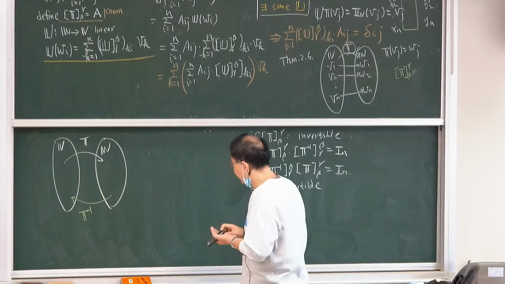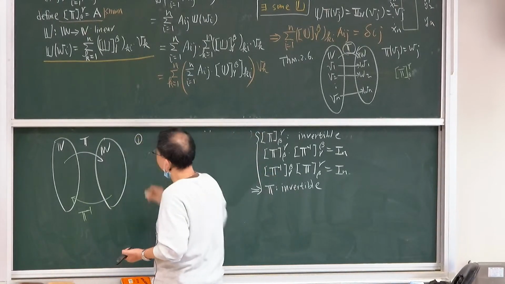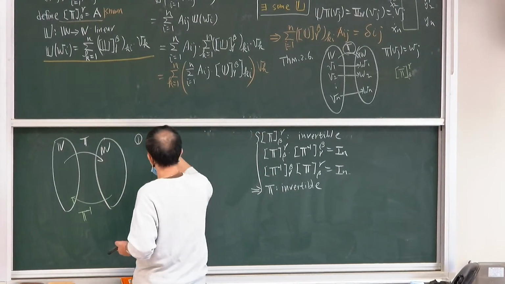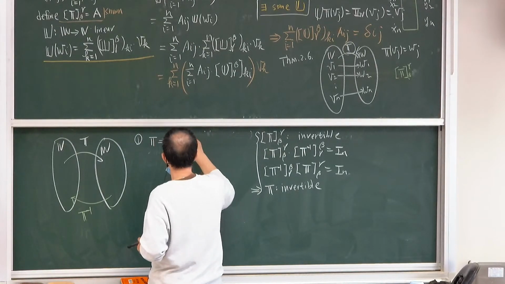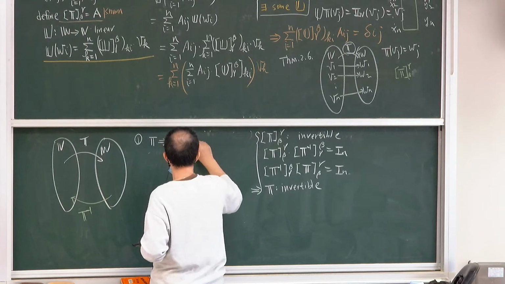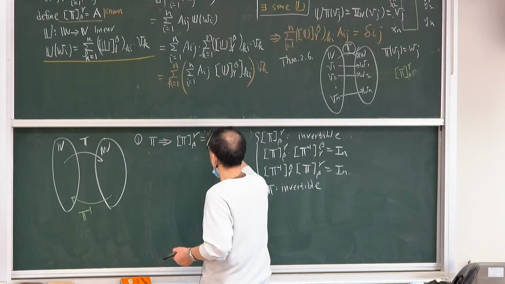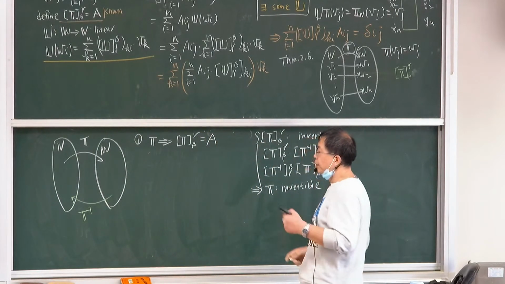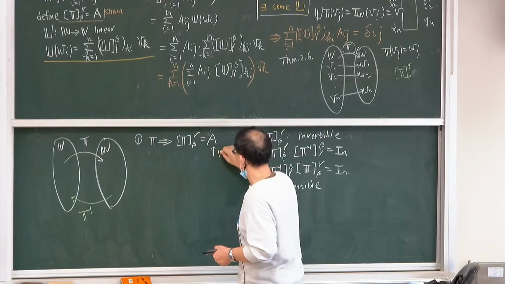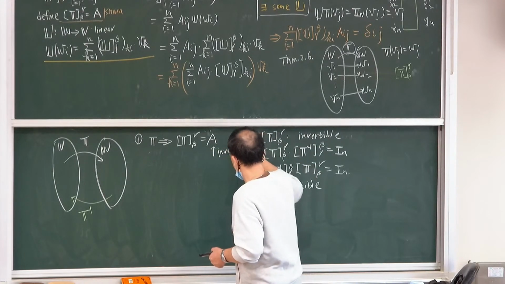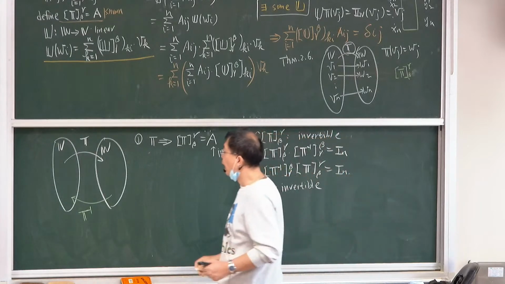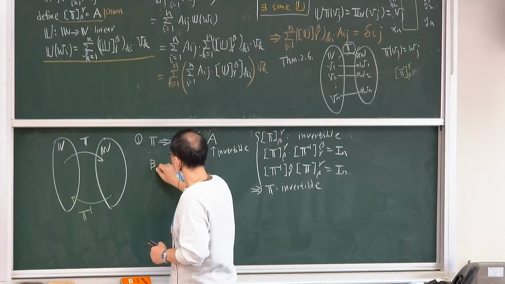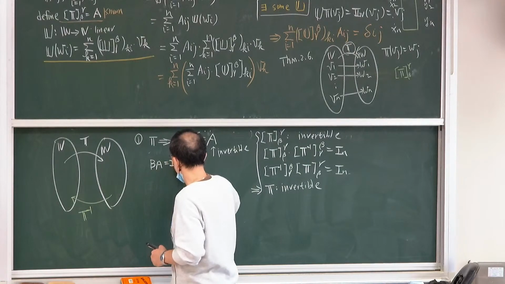The first step is that T is converted to the matrix representation, which will be A. And because A is invertible, in chapter 3 we will learn how to find B such that BA equals I_n.